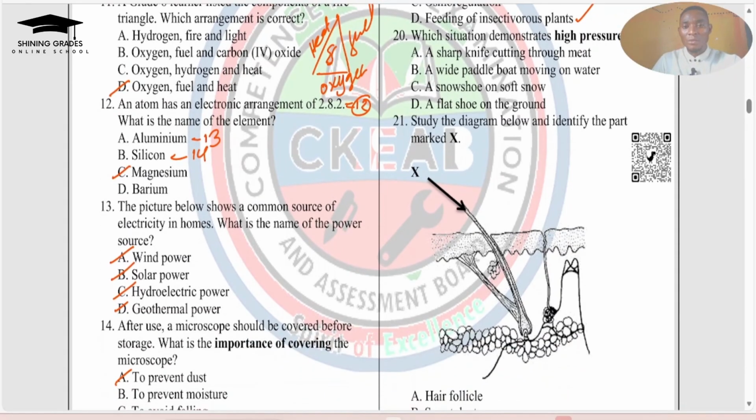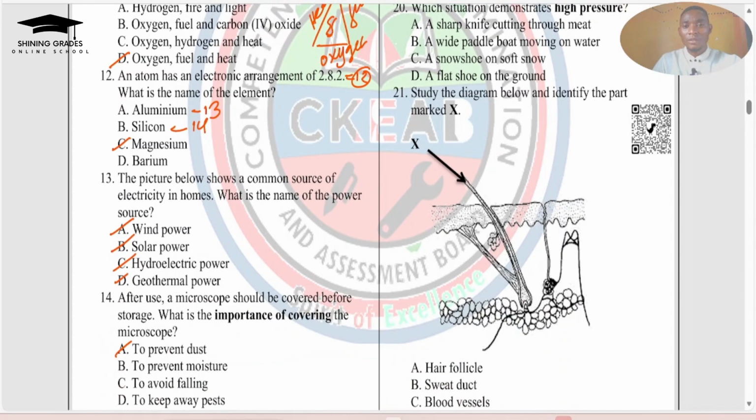Which situation demonstrates high pressure? We have a sharp knife cutting through meat, a wide paddle boat moving on water, a snowshoe on soft snow, a flat shoe on the ground. When you talk about high pressure, the surface area is always very small.